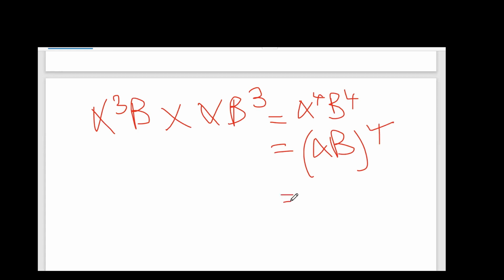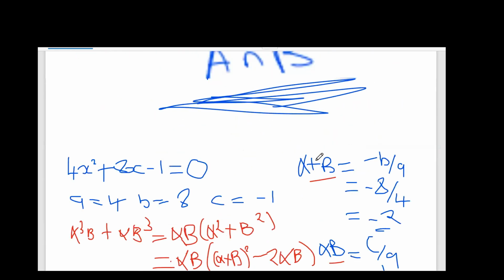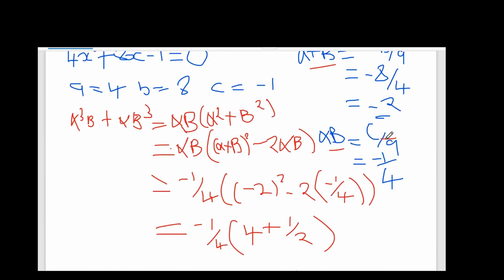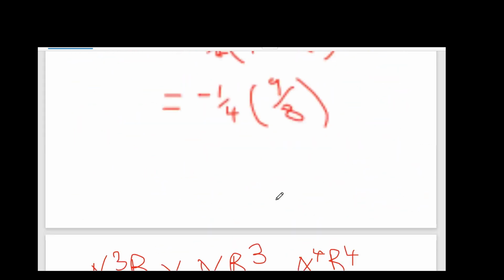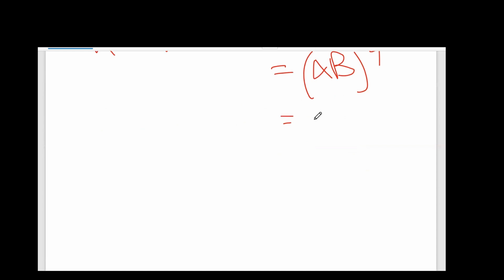Then equals to. Now you can replace this alpha beta with its value. So you go back here, you check what is our alpha beta. Alpha beta is -1/4. So we come back here and put our -1/4 to the power 4. What is -1 to the power 4? -1 times -1 times -1 times -1 just gives you 1.